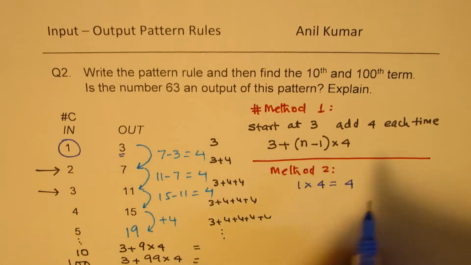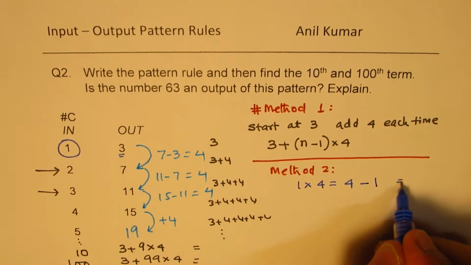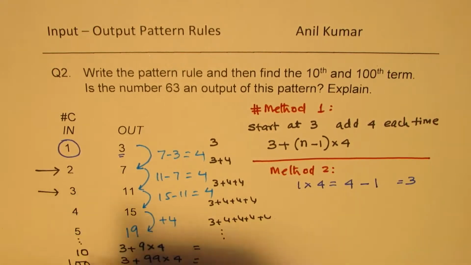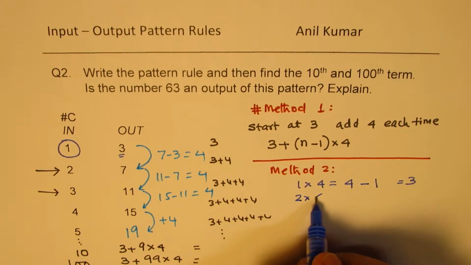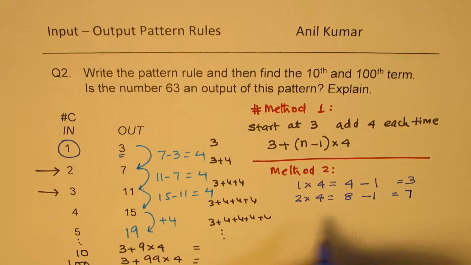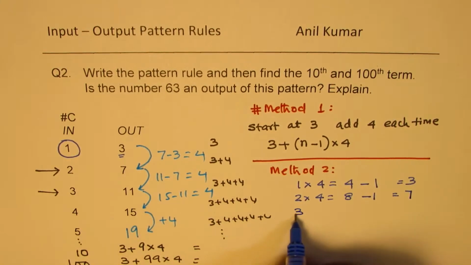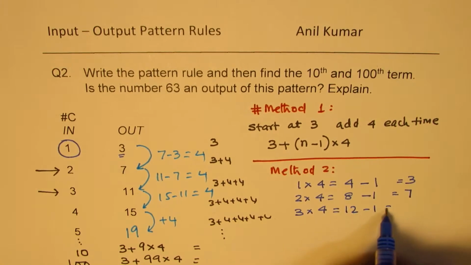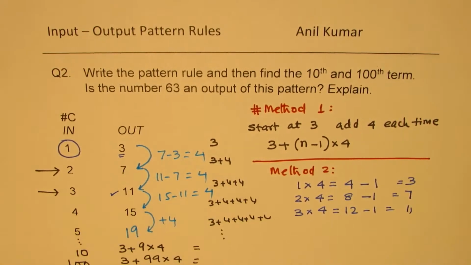Now to get 3, I should do minus 1 to get 3, correct? For 2, it is 2 times 4, which is 8. And then again I do minus 1 to get 7. For 3, I do 3 times 4, and then I get 12. And when I take away 1, I get 11. Do you see that part?